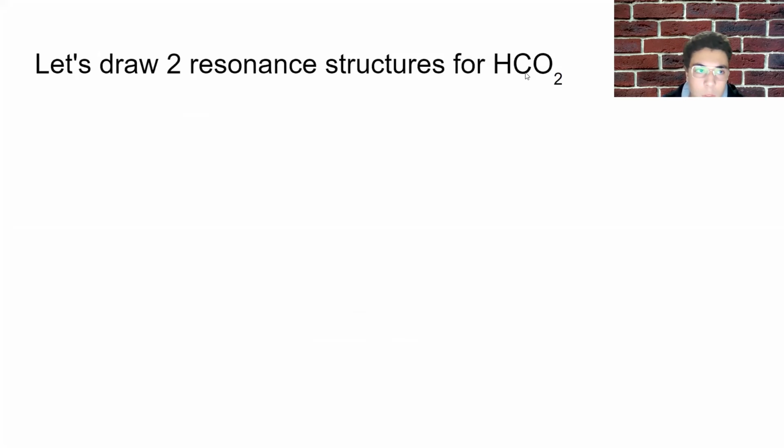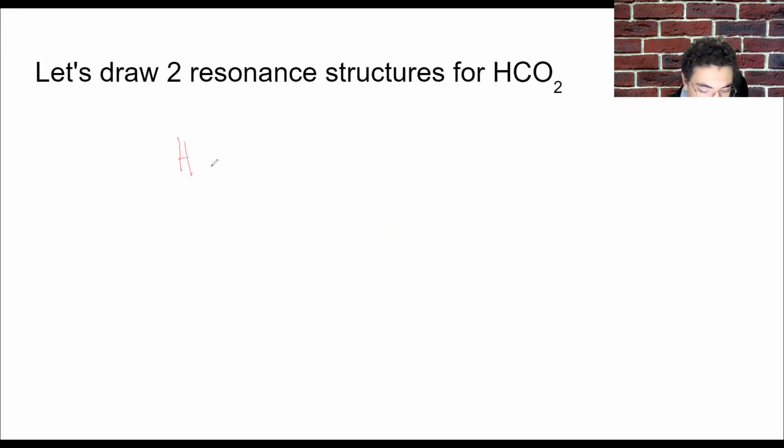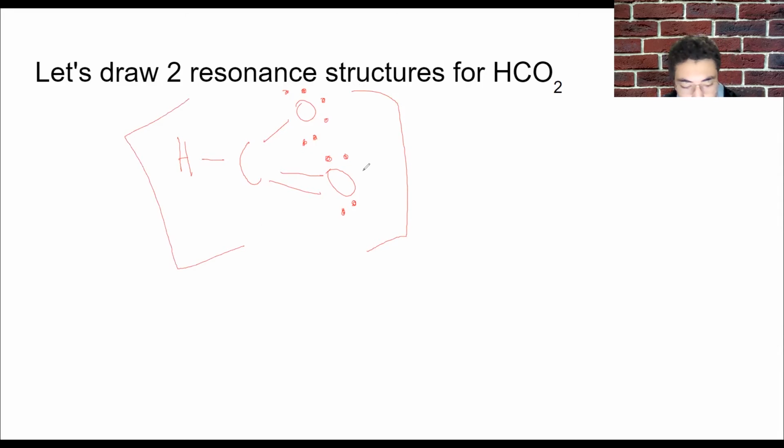Next, let's draw two resonance structures for the methanoate. So how can we draw another one for the same compound?